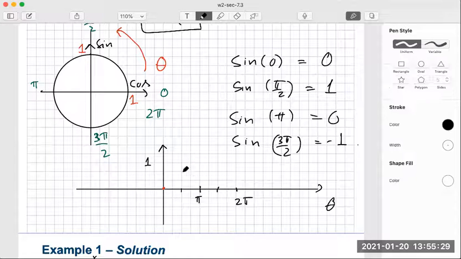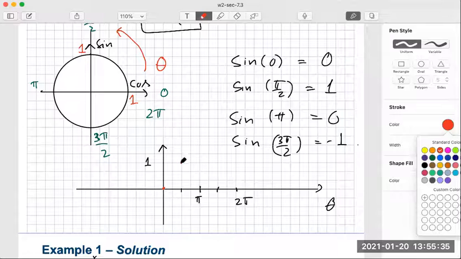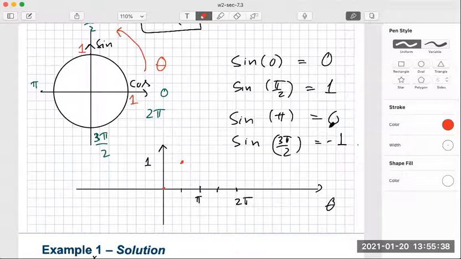Yes, thank you, Luke. Pi over 2 is right here, right? It's 1. And sine of pi would be 0. Sine of 3 pi over 2 would be -1. And sine of 2 pi, going back here, would be 0, right? And this is the graph of the sine function. It is periodic. So on the left-hand side, it will have a similar shape, right? It will be repeated.